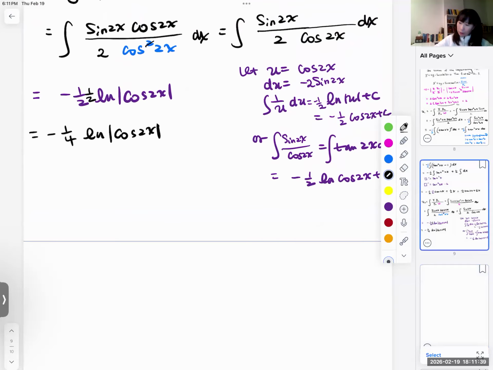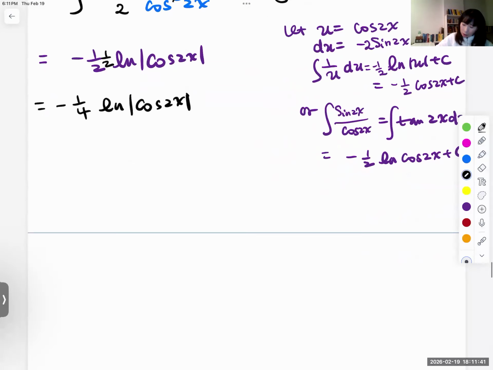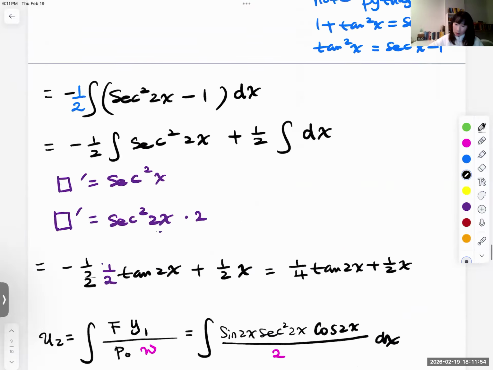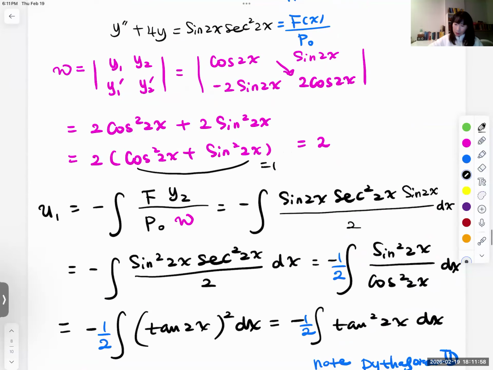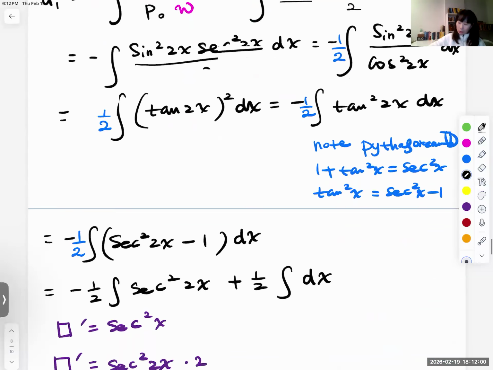Let's rewrite, right? So complementary solution will be c sub 1 y sub 1 plus c sub 2 y sub 2. So c sub 1 y sub 1, y sub 1 is cosine 2x, y sub 2 is sine 2x.